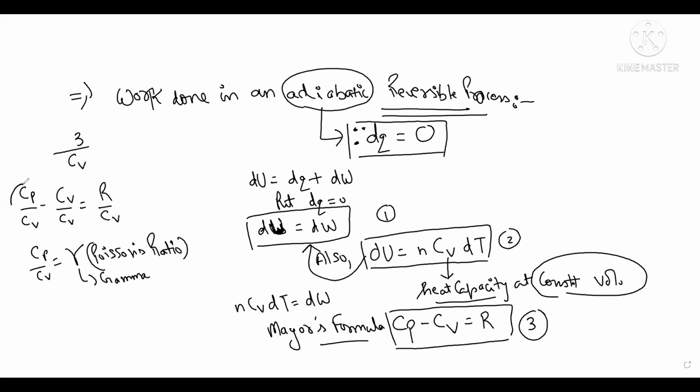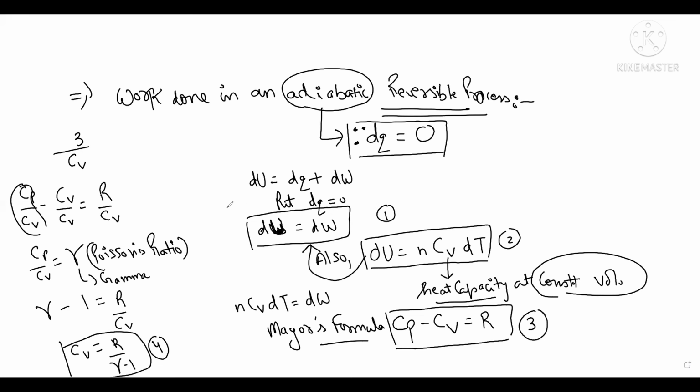So we substitute Cp by Cv by gamma. This becomes gamma minus 1 equal to R by Cv, and the value of Cv comes out to be R upon gamma minus 1. Let this value be equation 4.